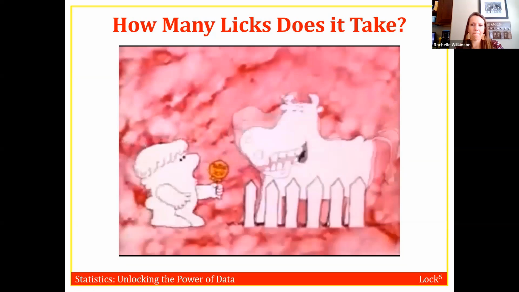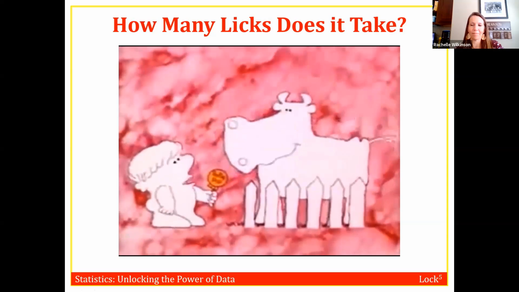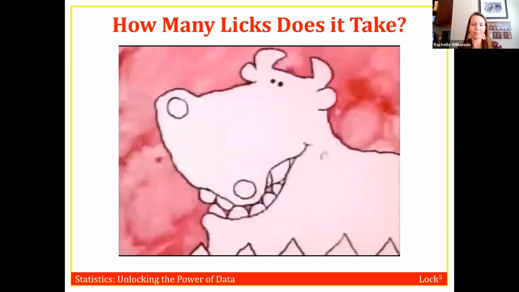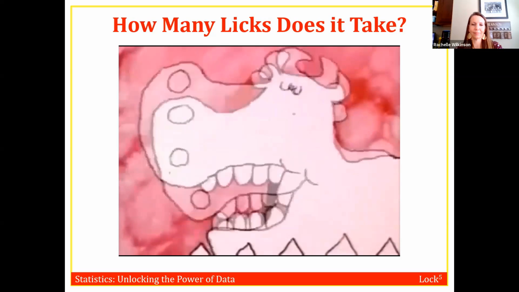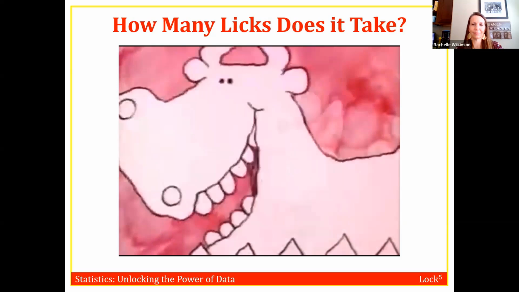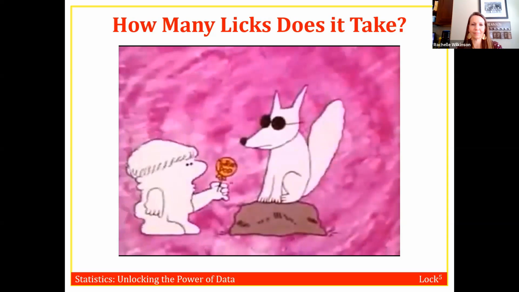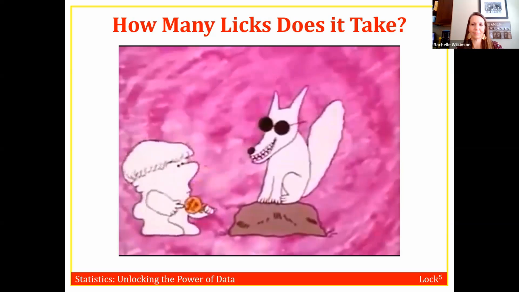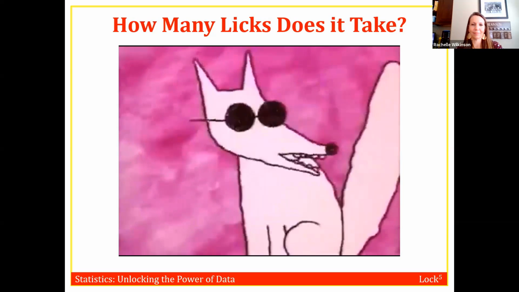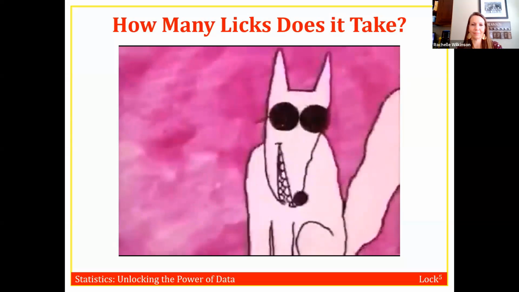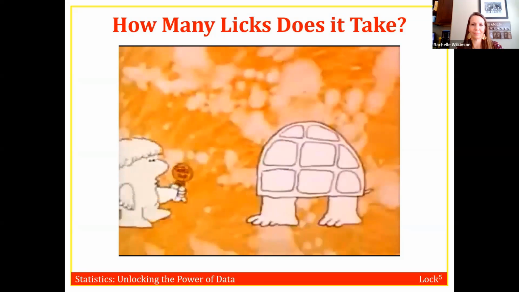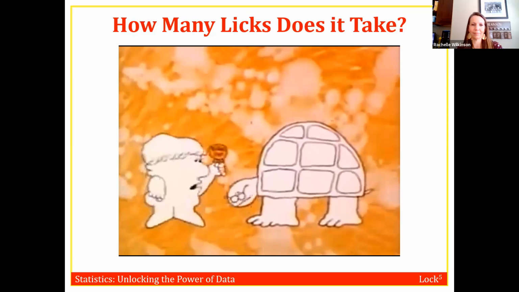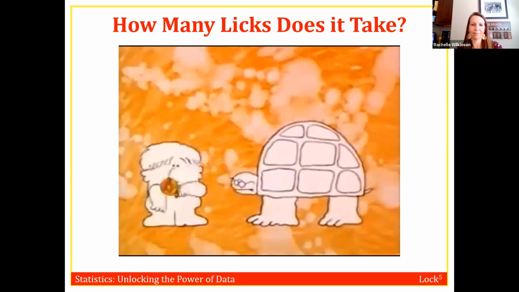Mr. Cow. Yes? How many licks does it take to get to the Tootsie Roll center of a Tootsie Pop? I don't know. I always end up biting. Ask Mr. Fox, for he's much cleverer than I. Mr. Fox, how many licks does it take to get to the Tootsie Roll center of a Tootsie Pop? Why don't you ask Mr. Turtle, for he's been around a lot longer than I. Me? I bite. Mr. Turtle, how many licks does it take to get to the Tootsie Roll center of a Tootsie Pop? I never made it without biting.